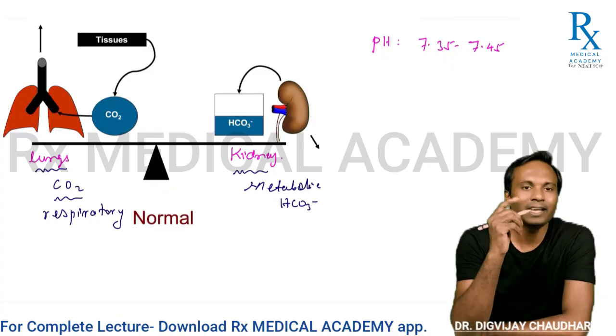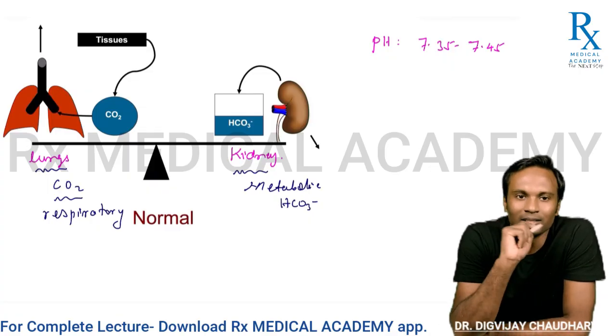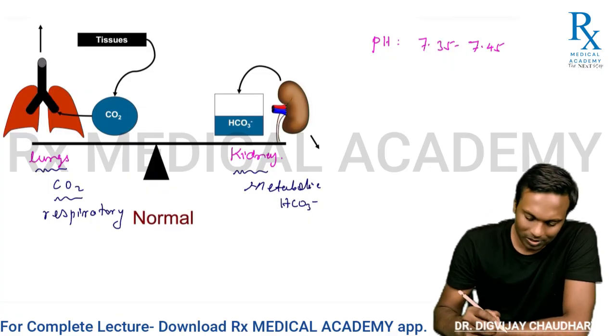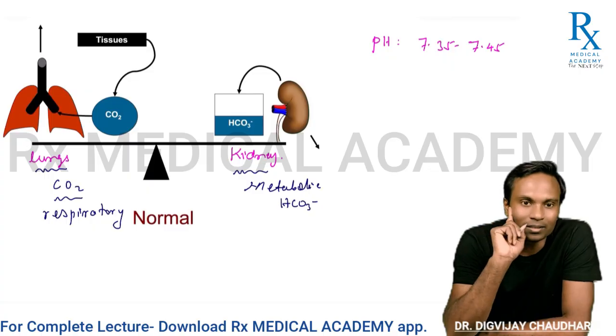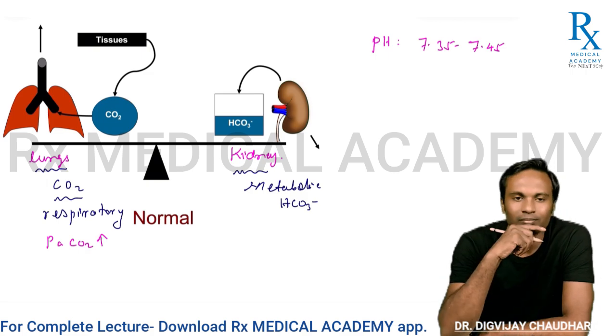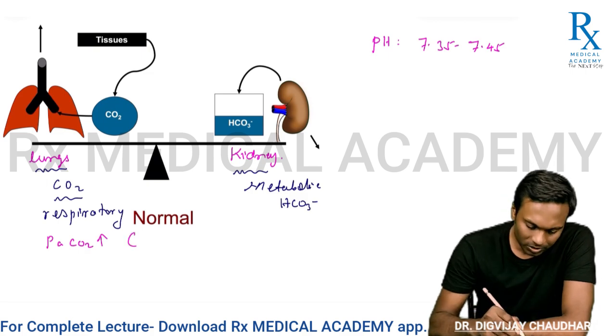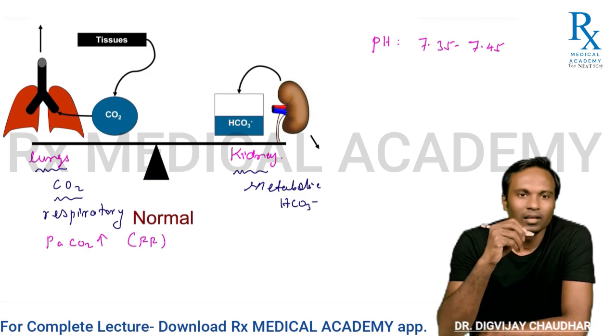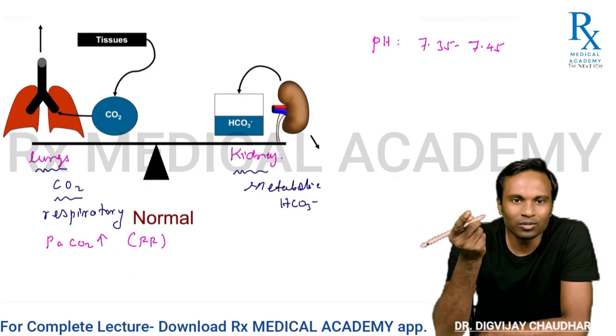In case someone is hypoventilating, the respiratory rate has gone down, CO2 will start accumulating. If CO2 accumulates, the partial pressure of carbon dioxide will increase, due to reduced respiratory rate. What will happen?